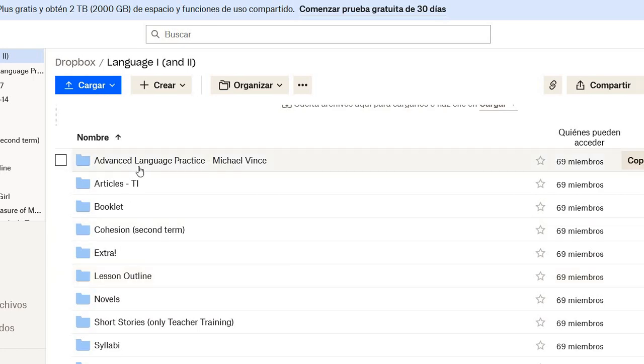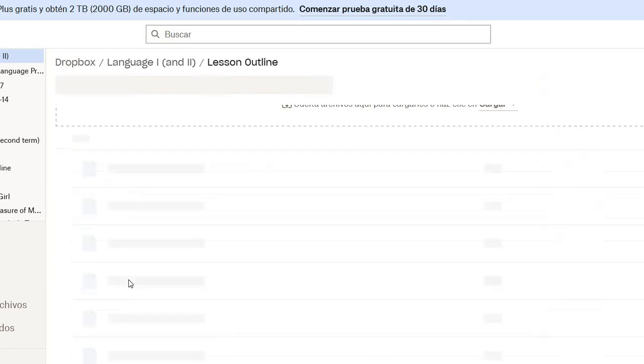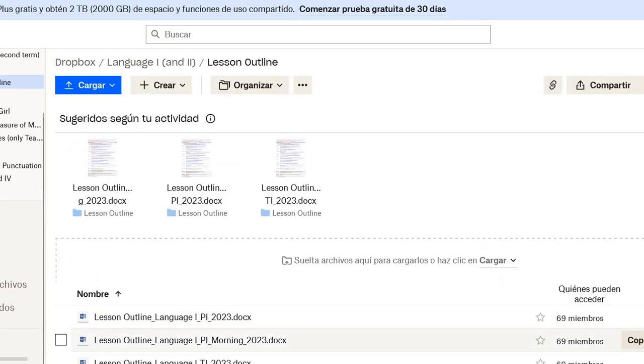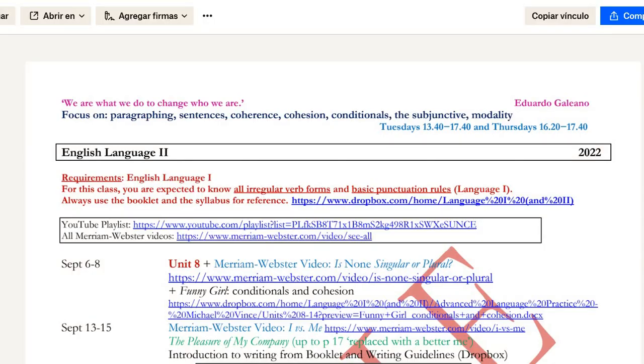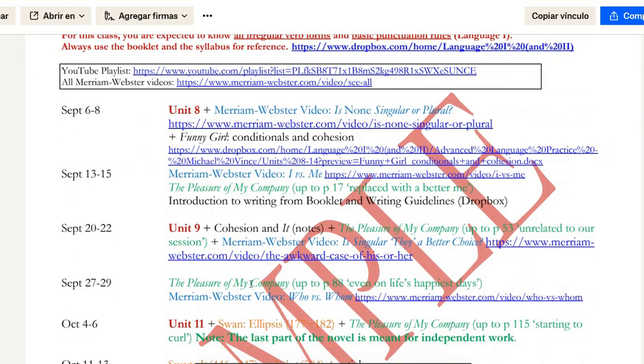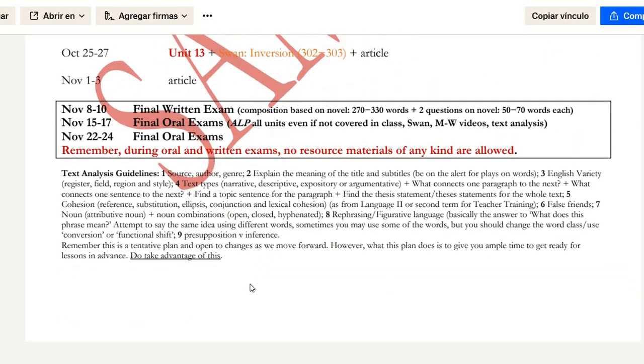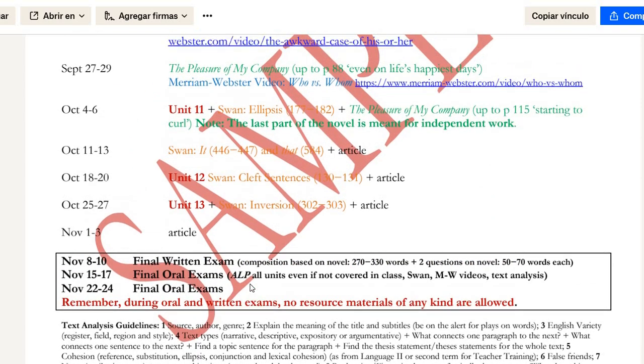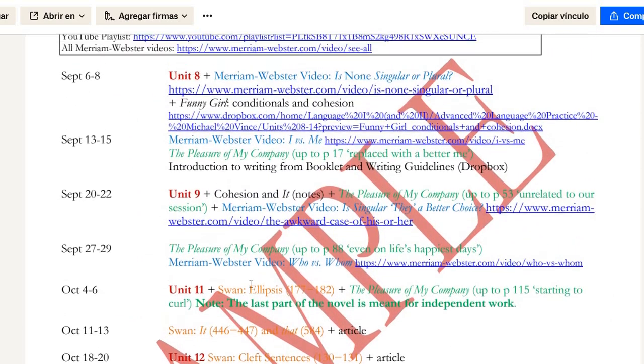But for those of you who have to retake advanced language practice or the Merriam-Webster videos, that means that you need to study the first part of the term again for the second term exam. Remember that if we go here to the lesson outline, all of that will take place sometime at the beginning of November, right? So that means that there isn't a lot of extra time.